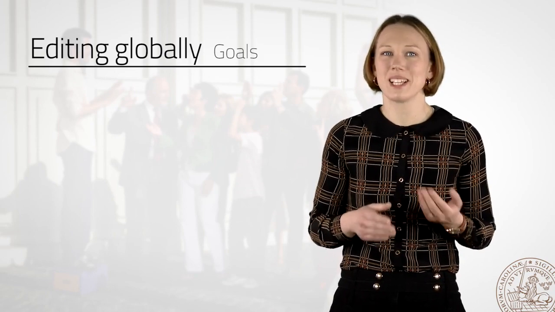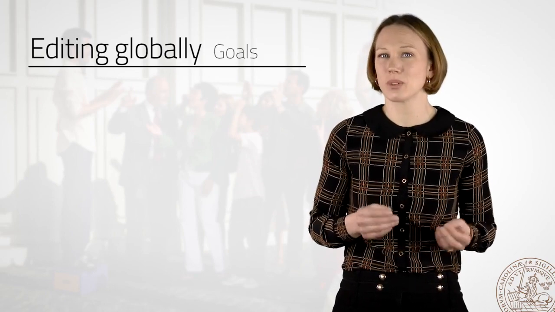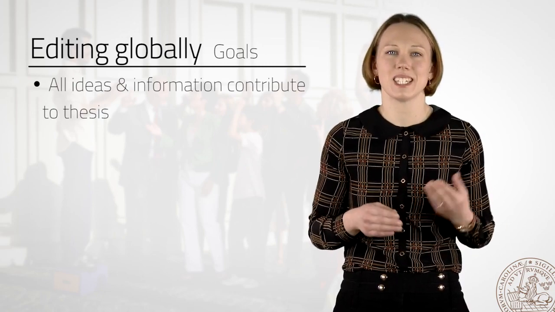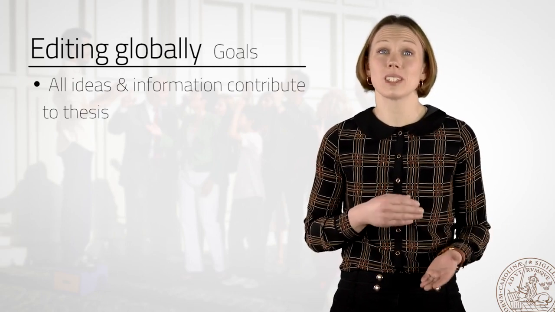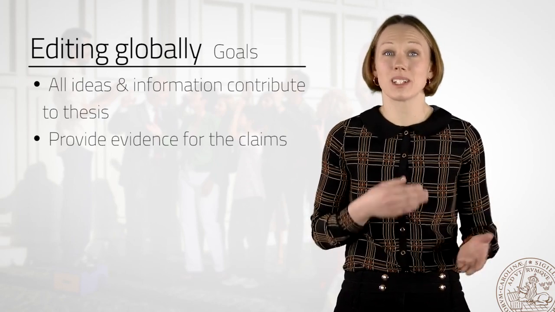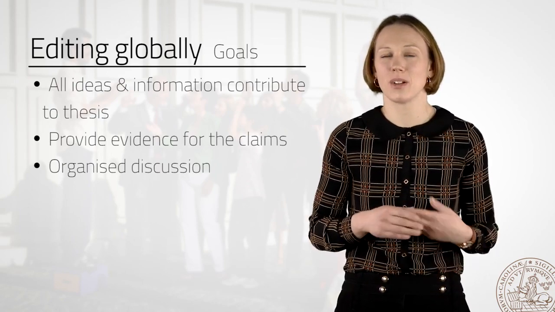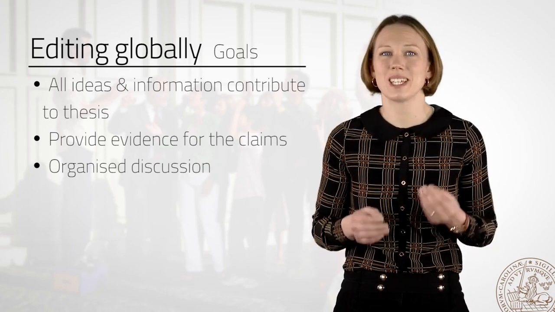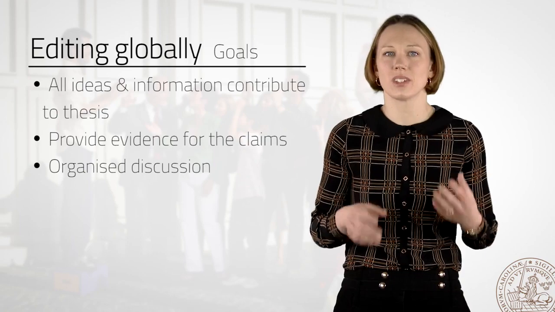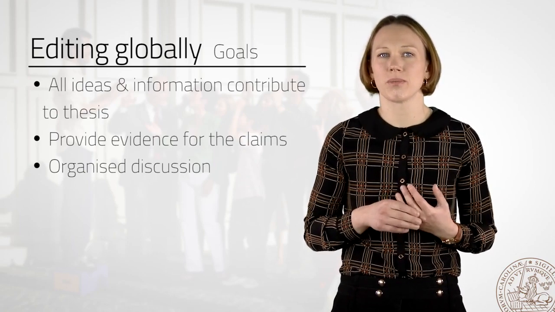The goal of global editing and revision is to produce a text where all the ideas and information clearly contribute to the essay's thesis. We also want the text to provide enough evidence for the claims that we make, and we want the discussion to proceed in an organised and logical manner, so the target reader is able to see what is connected to what, what follows from what, and where the discussion is heading at all times.